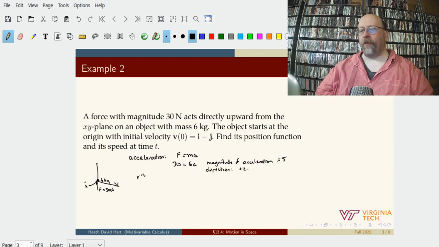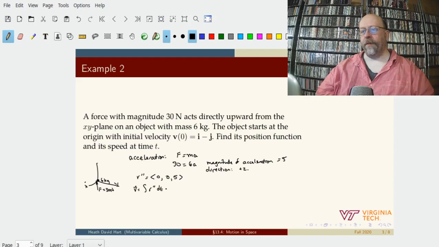And so our acceleration vector is 0, 0, 5. So velocity is the integral of the acceleration vector, which will be c1, c2, 5t plus c3.